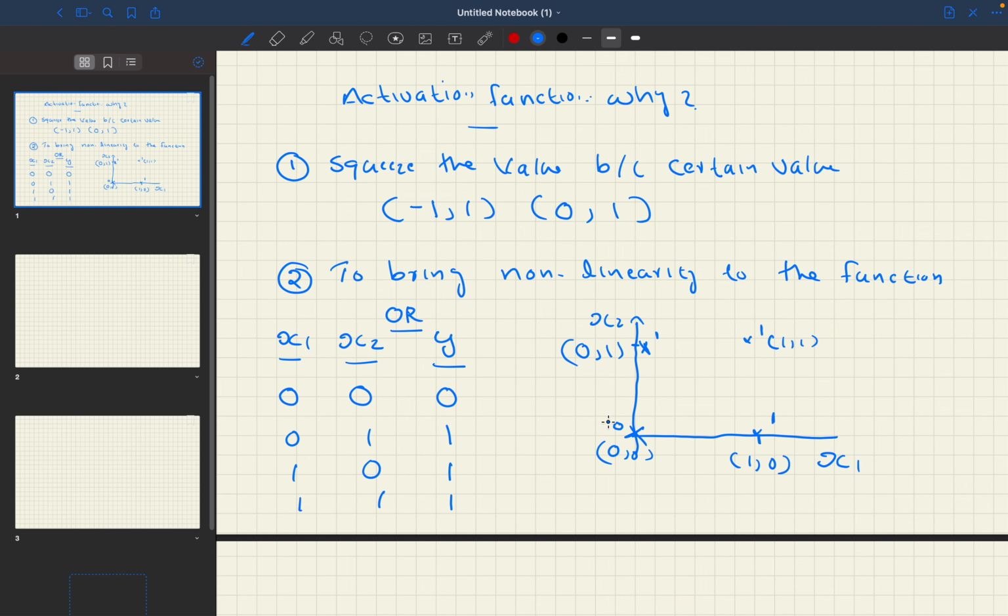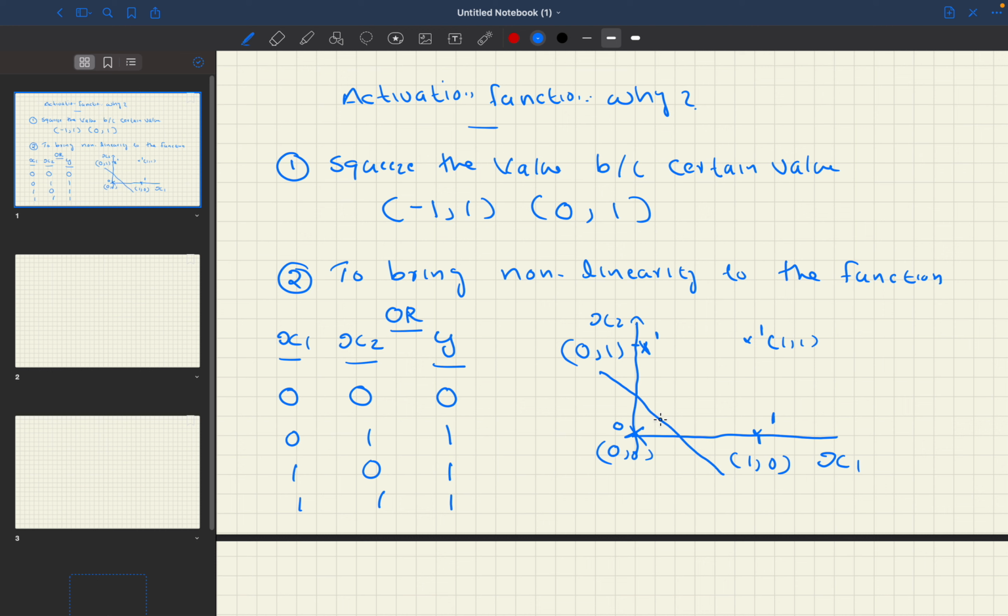So here we can separate the 0. There are two separate values, one is 0 and one is 1. So this is linearly separable using a line.